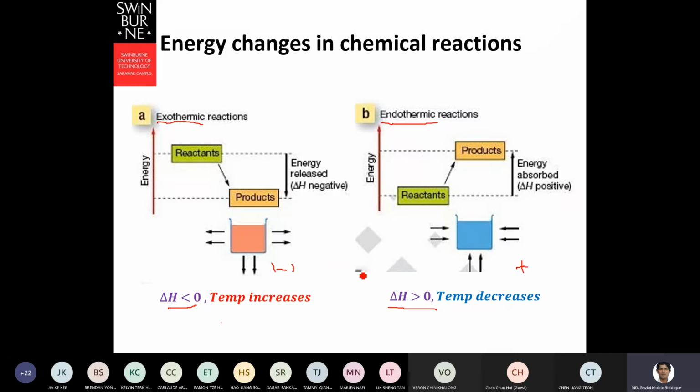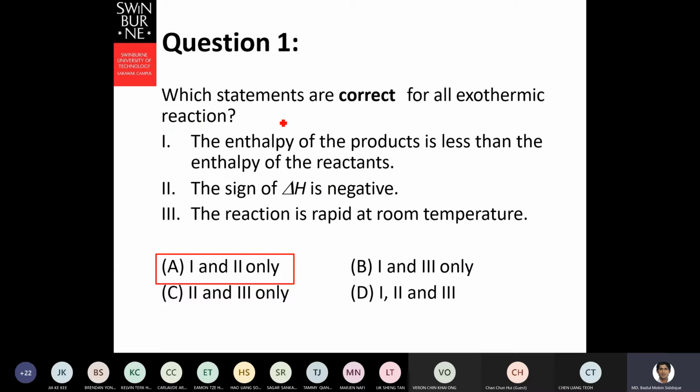That means to dissolve the salt, it took heat from the water, and that is why it becomes colder. So that is the endothermic reaction. These are two different examples you can use to remember it.